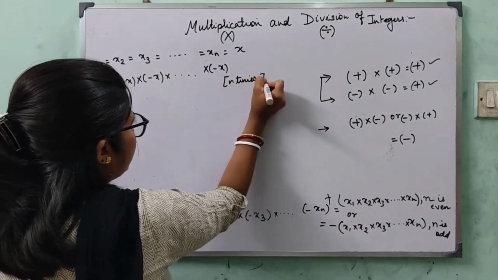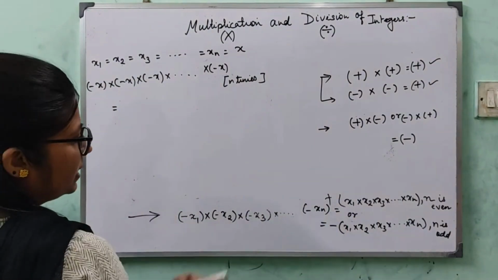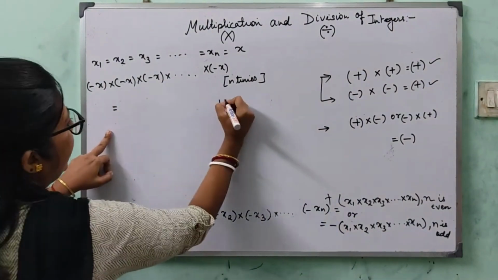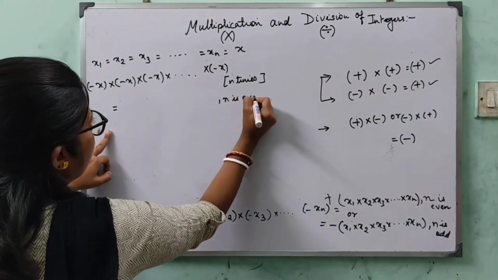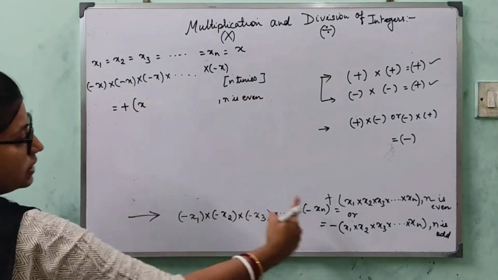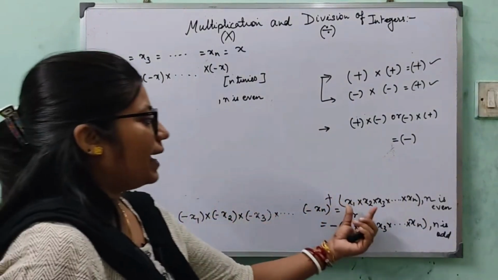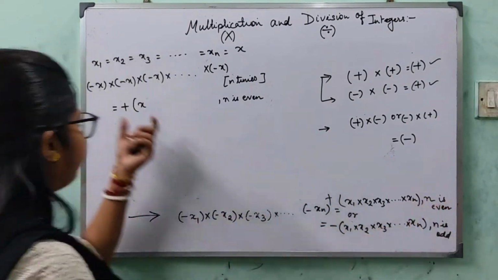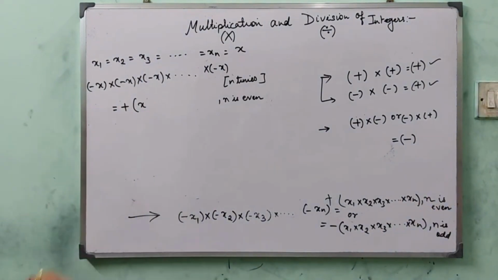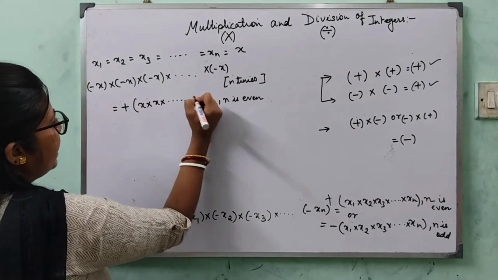So what is going to be the product? Following this, if n is even, it will be positive and x is multiplied n times. Here there were n different integers multiplied, but here we have the same integer multiplied n times. So x into x into x, n times.